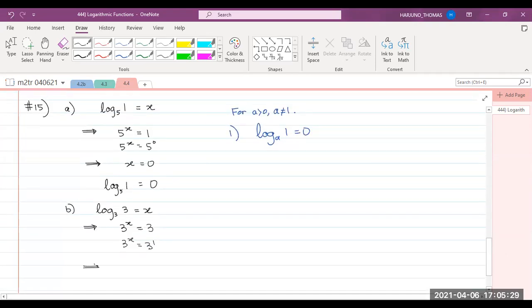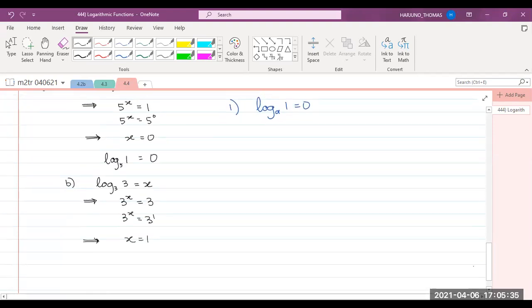Therefore, x equals 1. In other words, log base 3 of 3 is equal to 1. Now, that gives us the second basic property. Log base a of a is equal to 1.